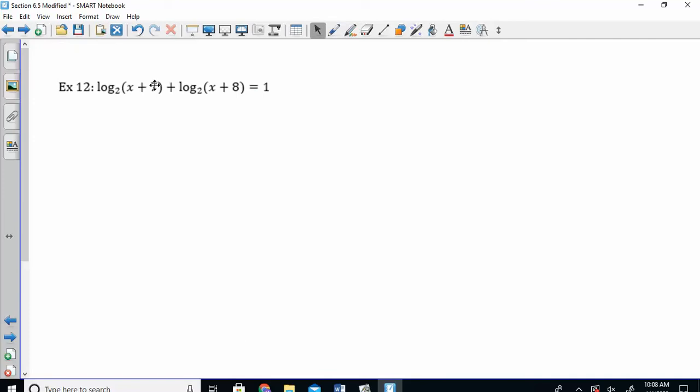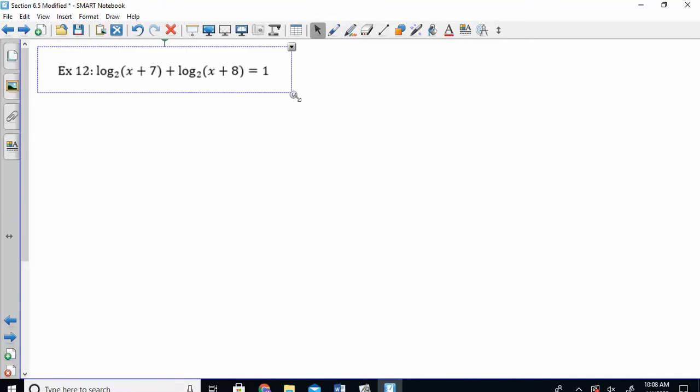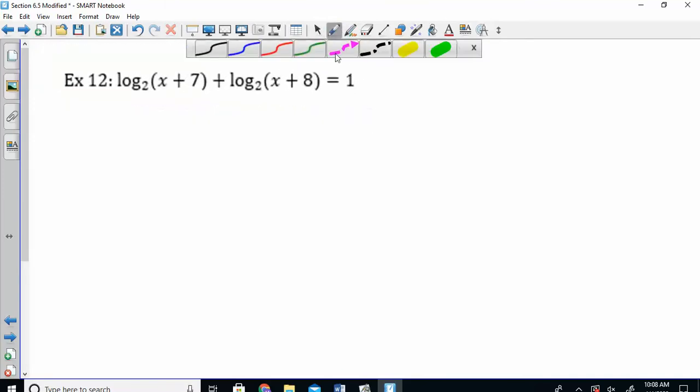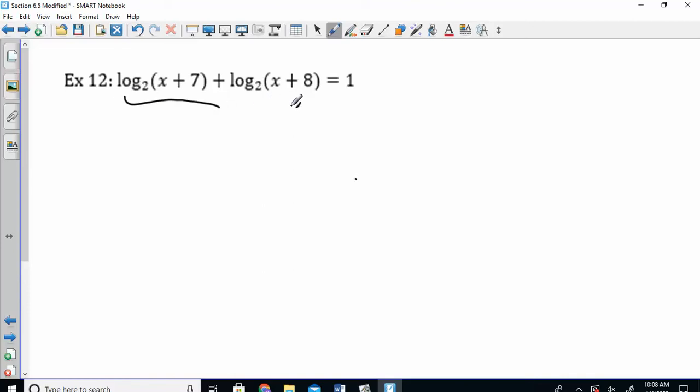Alright, last problem for today. So, how do I condense these? They're multiplying. So if you want to multiply x plus 7 and x plus 8, what do you have to do? FOIL.